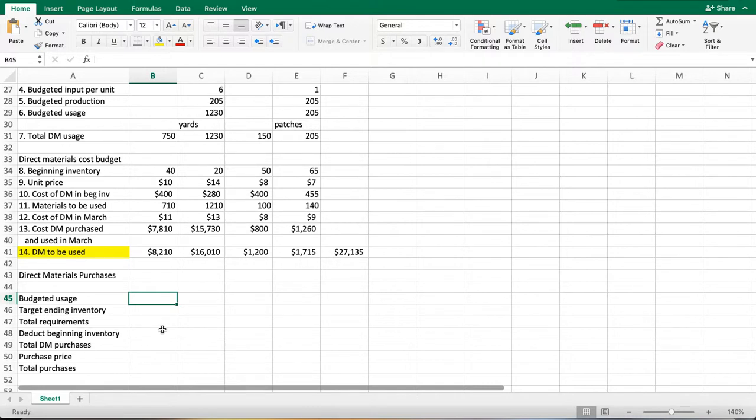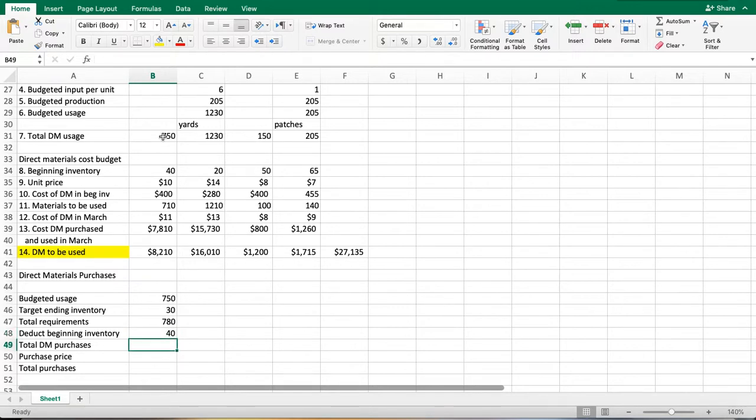So our budgeted usage is going to come from up here, right here, 750 yards. Our target ending is given to us, 30, and so our total requirements are 780. Our beginning inventory is also given to us, 40 yards.